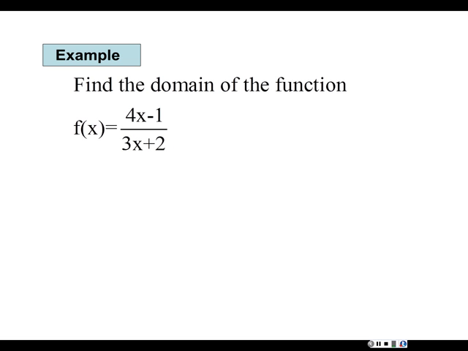So this should be your domain, right? Look at this carefully. We are taking every single point except negative 3 over 2, I'm sorry, negative 2 over 3. Any confusion or question?